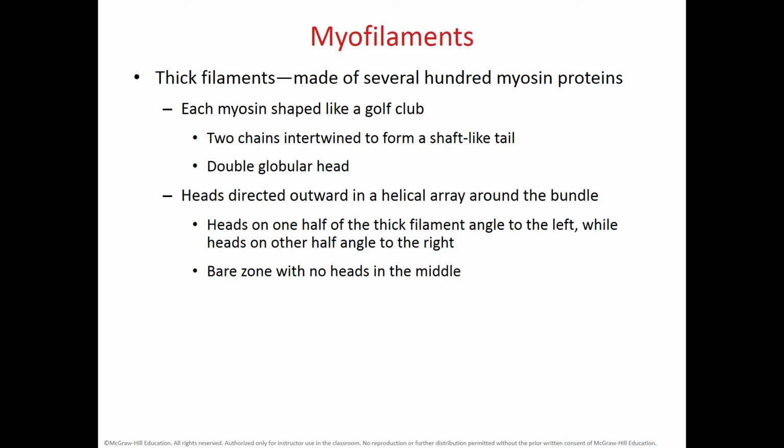And in the tip of the head, you have an enzyme that is called ATPase. And this ATPase is going to break ATP so that you will have this movement of the head after it has connected to the thin filaments. And then there is one part of these thick filaments where you don't have heads, and this is known as the bare zone.